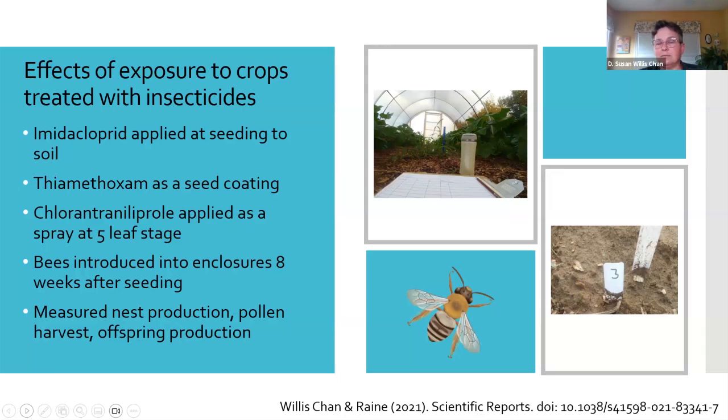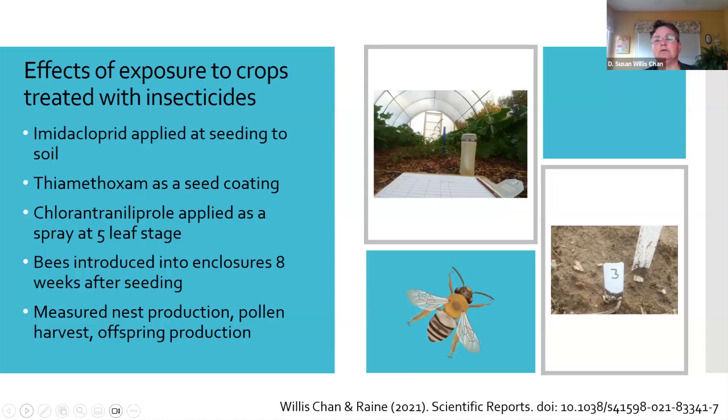I applied thiamethoxam as a seed coating, and I applied chlorantraniliprole, which isn't a neonicotinoid, as a spray at the 5-leaf stage. All of these three were allowed under regulations in Ontario at that time. And I'd like to point out that the regulatory environment in Ontario and in California is not really very different.